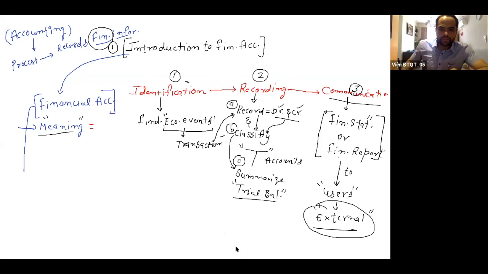Okay. So now we move on to the second thing, which is, of course, users. You got the basic ideas about users. Financial accounting provides information to external users, and management accounting provides information to internal users.